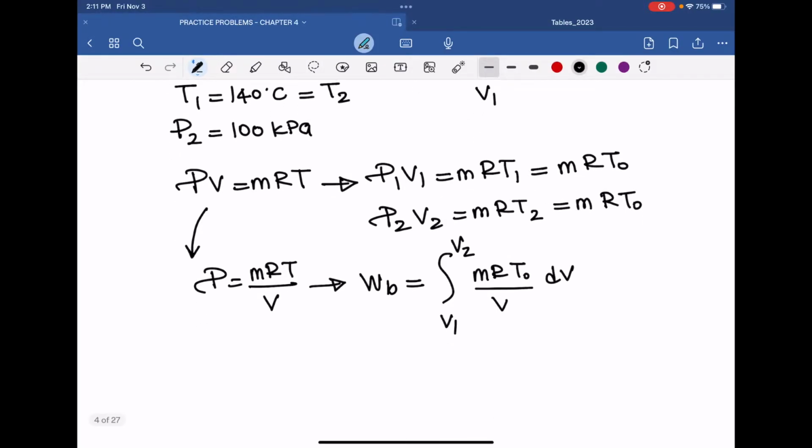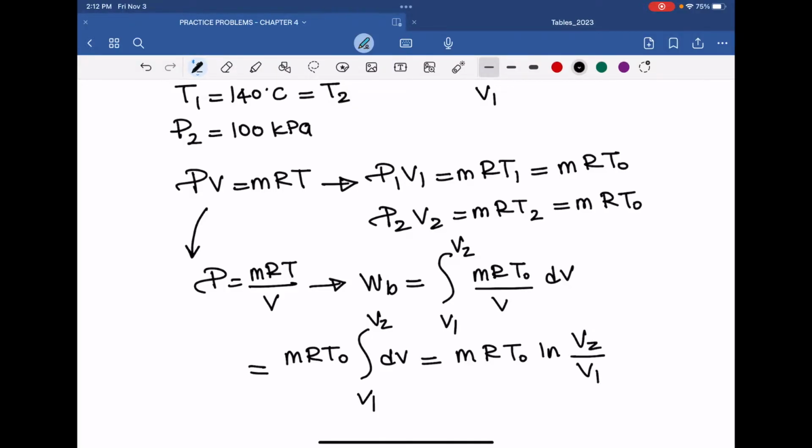Since mRT naught is a constant, it gets out of the integral. And we have mRT naught ln V2 over V1.